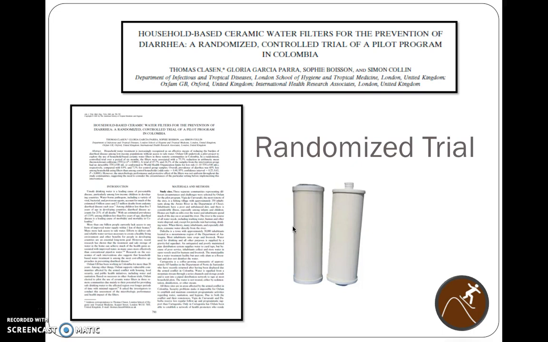Or you could show up and measure the diarrheal rates in one community and measure it in a community that's different, and one of the communities gets actual ceramic water filters and the other one doesn't, and then you measure maybe the water quality coming in and out of those water filters, but then you're going to measure the frequency of diarrhea in the individuals who have and who do not have the actual functioning ceramic water filter. So that's kind of an example of an experimental trial or an interventional trial.